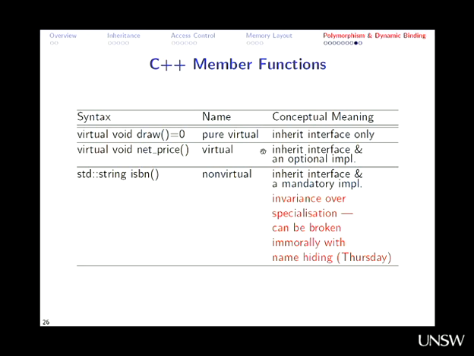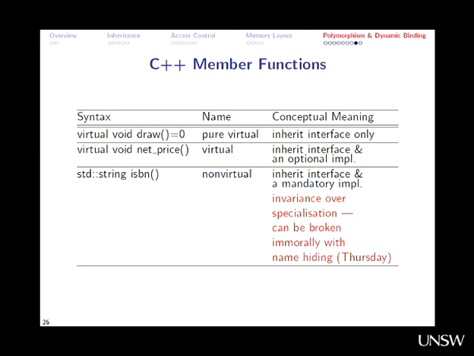It creates the ability for it to be inherited, and it means it can be optional if it's implemented in the base class. The non-virtual function string ISBN is first of all non-virtual.